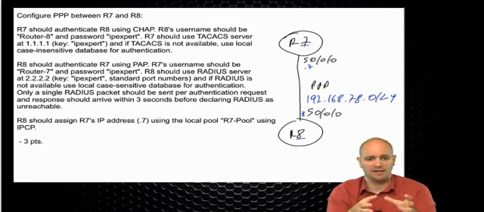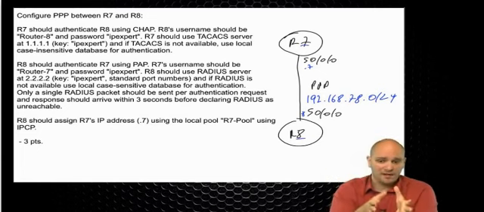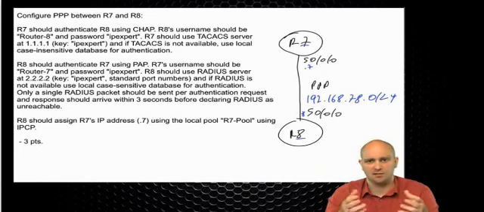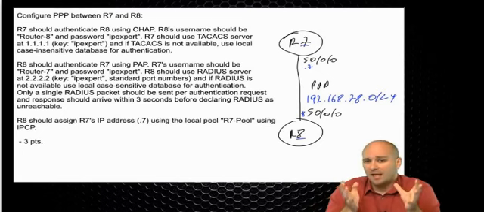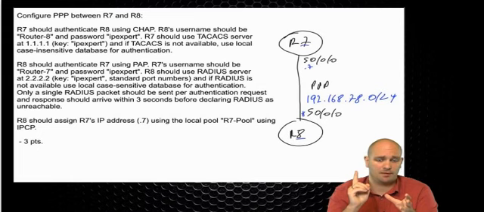Now, I could theoretically go into my notepad and type out the configs for all of this stuff and paste them in, and then when something doesn't work, where do I begin? Is it the TACACS? Is it the RADIUS? Is it the AAA? Is it the IPCP that is broken? What did I mess up? I am going to try to avoid this situation as much as I can for any technology that I'm configuring. So always take one step at a time.